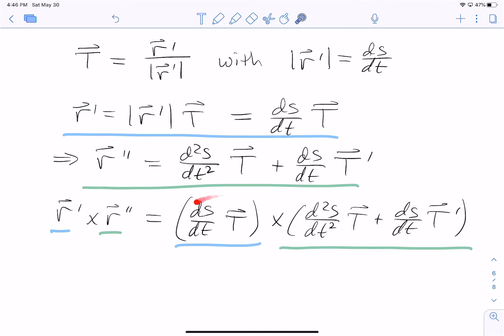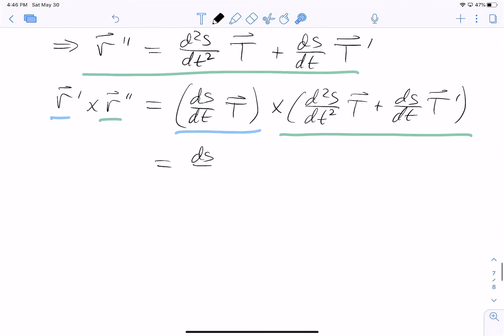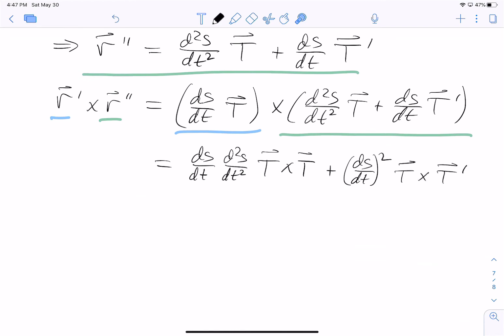Using the distributive property of the cross product, remember the cross product distributes over addition, we can express this as ds/dt times d²s/dt² times T cross T, that's the unit tangent vector crossed with itself, plus ds/dt, the quantity squared, times T cross T prime, that's the unit tangent vector crossed with its derivative.